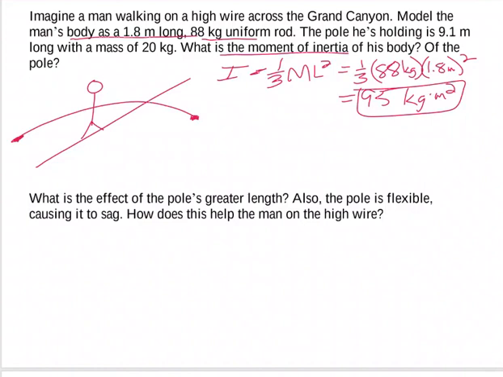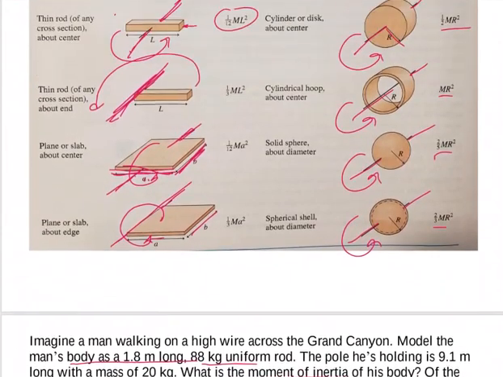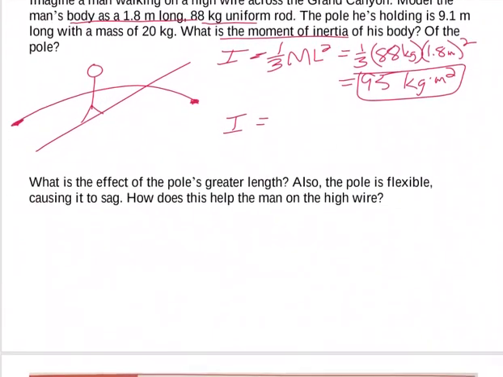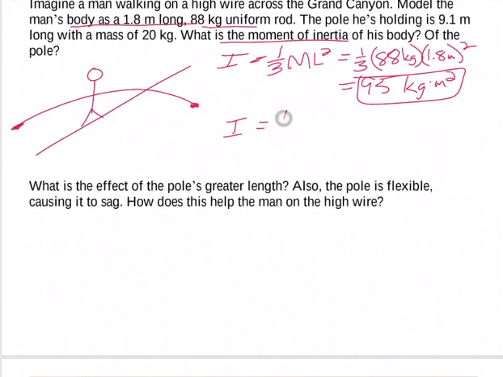And then the moment of inertia for the pole he's holding, that is going to look like which one? That's going to be the first one, because he's holding it in the center and it's going to be rotating like this one. So we're going to use the 1/12 ML squared.